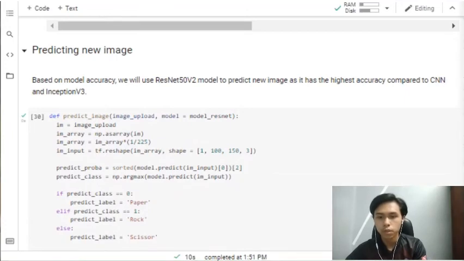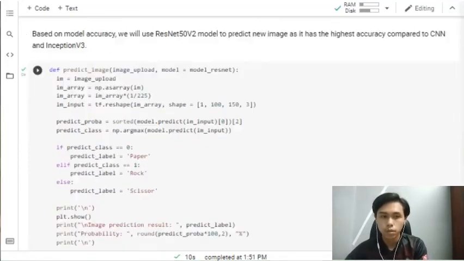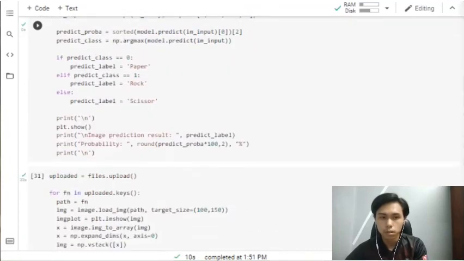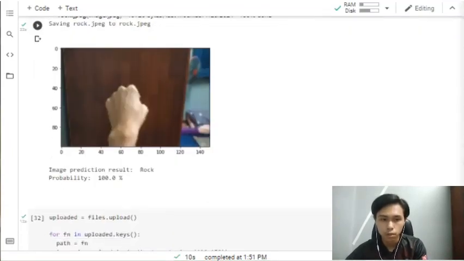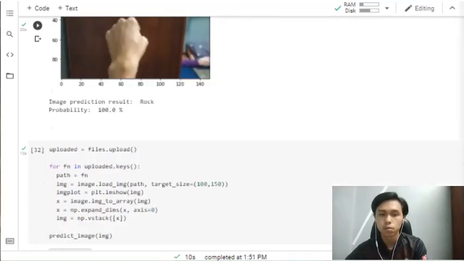After comparing these two types of pre-trained application models, we found that ResNet 50 is the better application model to be used for predicting images. So for predicting images, we have uploaded some images, such as here is rock with a probability of 100%.